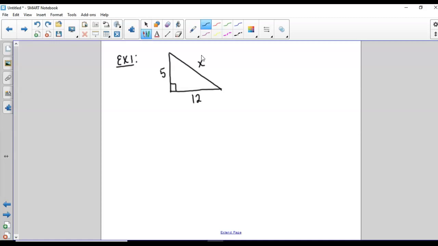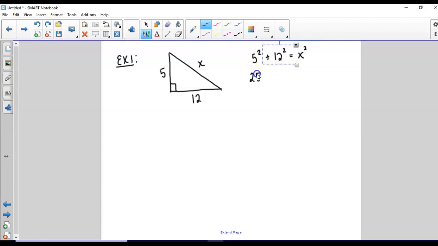So for this one, Aiden, what are the legs of this triangle? Okay, and what is the hypotenuse? X. So we're going to put this into the Pythagorean theorem. We'll have 5 squared plus 12 squared equals x squared. And what was 5 squared?